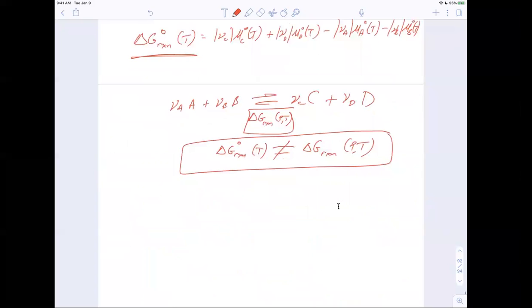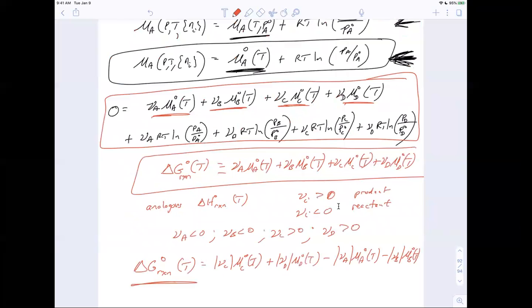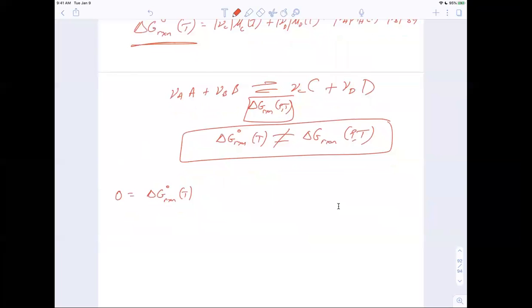Going back to our chemical equilibrium criterion, we have 0 is equal to delta G superscript 0 reaction. I combined those first four terms, and now I'm going to combine the RT log terms. Okay, so let's take a look at this.